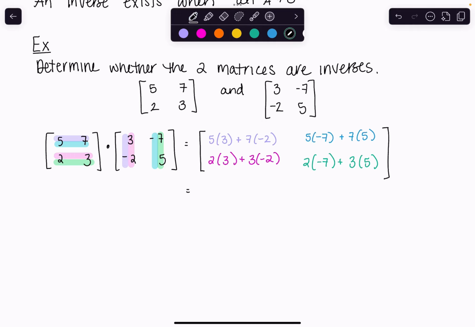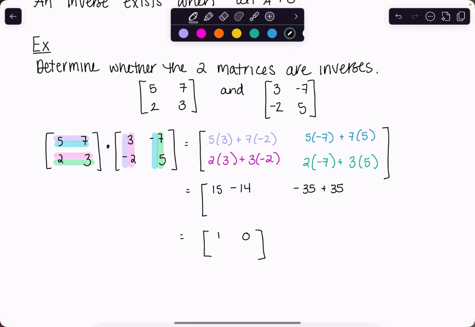So now doing that algebra, 5 times 3 gives us 15 minus 14. So we'll go ahead and just simplify that immediately. That is definitely 1, which is great. Then here, that's -35 plus 35. So my next element is 0.